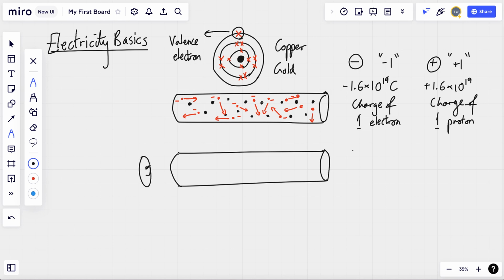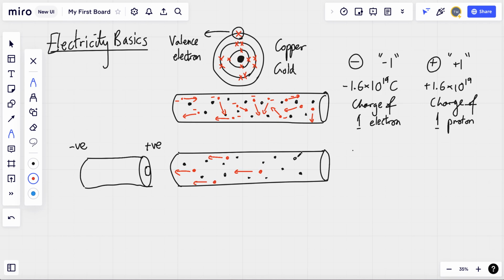There we go, that's the positive end, and the other end is negative. Let's draw on these nuclei again. Now, if I stick a battery at one end of this wire, all of these free electrons, which are negatively charged, are all going to want to go in one direction.